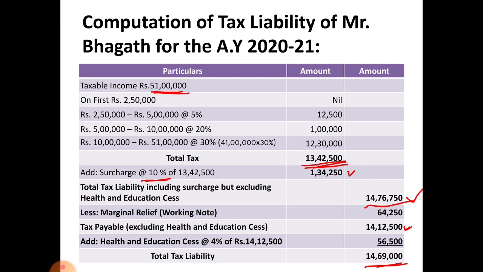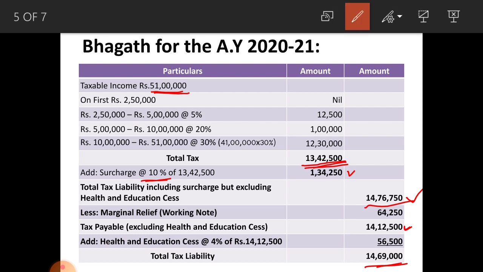Consider if this assessee's income is 50 lakhs, the tax liability would be only 13 lakh 12,500, that is 12,500, 1 lakh and 40 lakhs into 30%, that is how much? 12 lakhs. Total of this, 13 lakh 12,500. If his income is 50 lakh, no need to pay surcharge. That means his tax liability would be only 13 lakh 12,500.